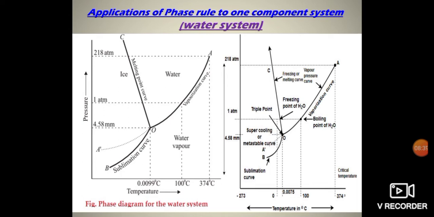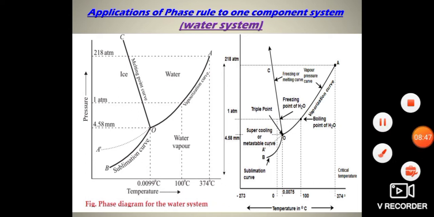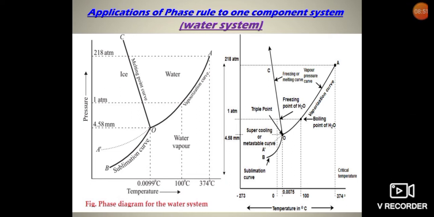So here in the center O, we call it the triple point, because all 3 lines, OA, OC and OB, intersect at point O. That is, all phases meet at that point.